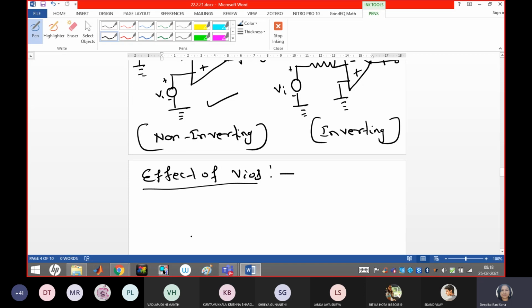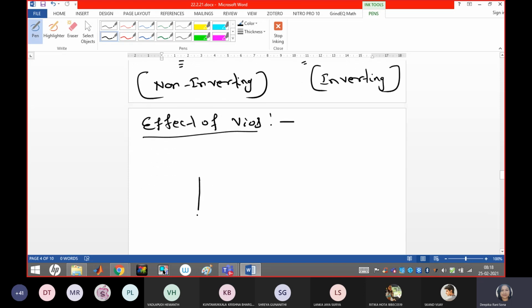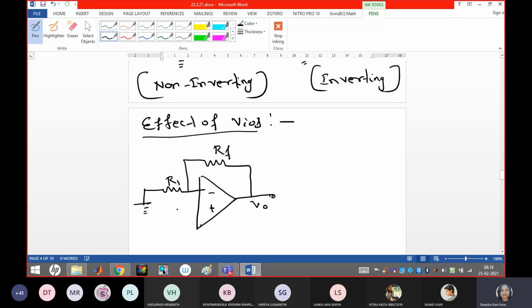So let's analyze the circuit once again. So here Vi is 0, which is your VIOS. So what is the V0, guys?